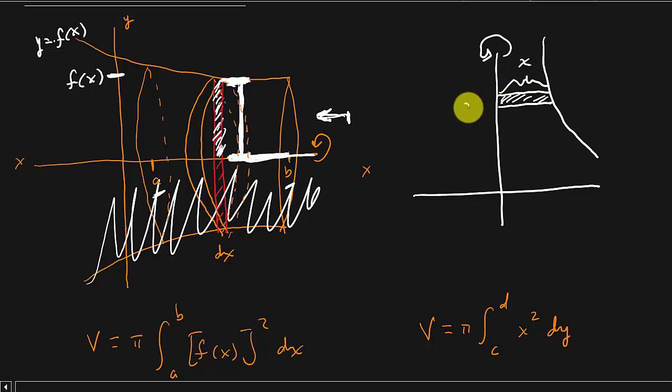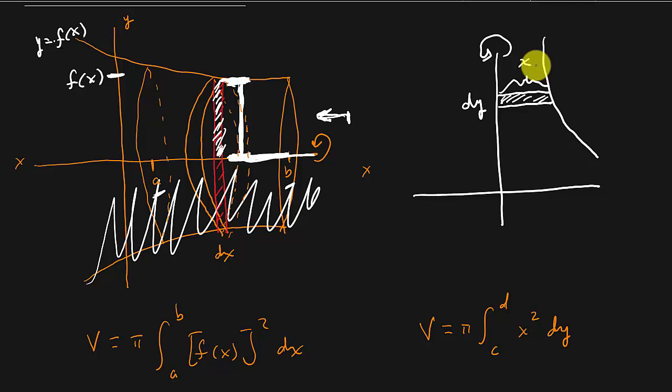And what's this thickness? This thickness here is dy. See, it's going along the y-axis. So that tells us our function needs to be in terms of y. So we would need to know what x is in terms of y. And like I said, bear with me till we get to the examples. I just want to go over this a little bit to give you an idea of what's going on. So that's the disk method.